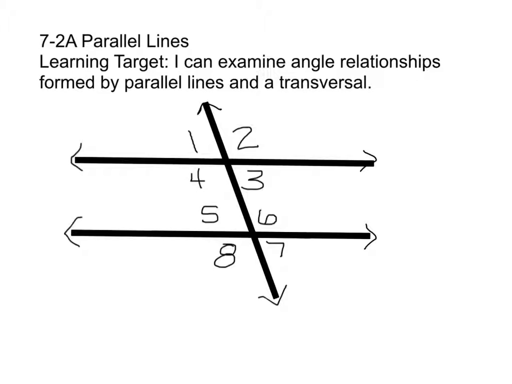All right, so now let's talk about something called alternate interior angles. We discussed that interior angles means inside the parallel lines. What about alternate? If I alternate, it means switching. So alternate interior angles refers to angles that are on the opposite side of the transversal.